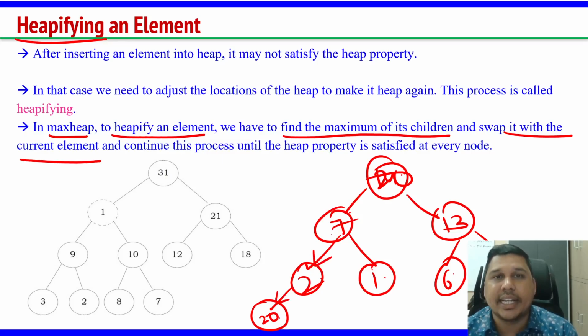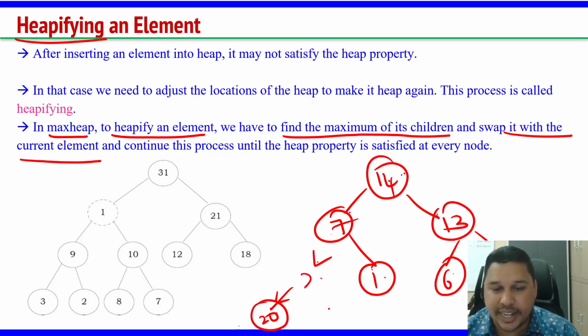I inserted 20 here. When I inserted 20 here, this is violating the property of max heap. So, what is the logic here? Its parent, okay, you find out its left and right child. There is no left and right child for 20. Go up, 2 is there. Find out the maximum of its left child and right child. Make that as the root.